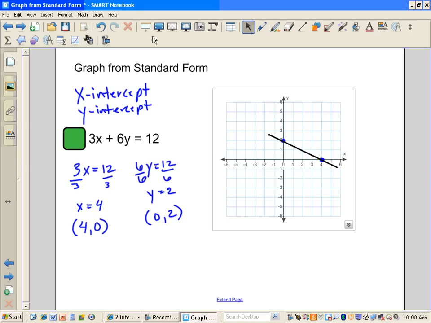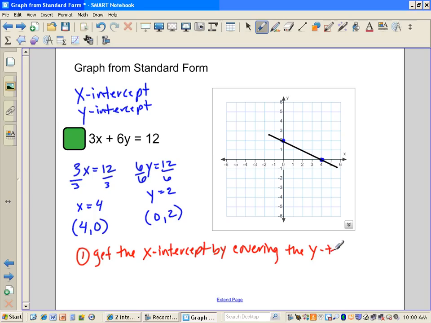So if we were going to jot down a few notes here, I'll do it in red. So step 1, get the x-intercept by covering the y term. Step 2, get the y-intercept by covering the x term.